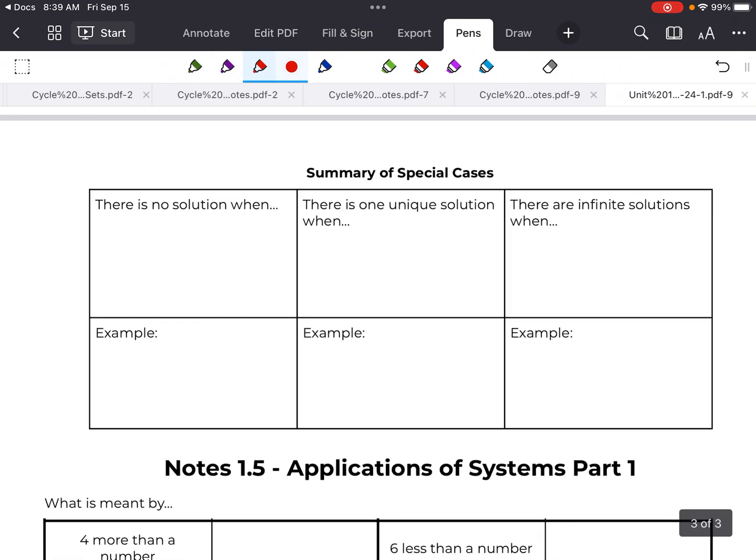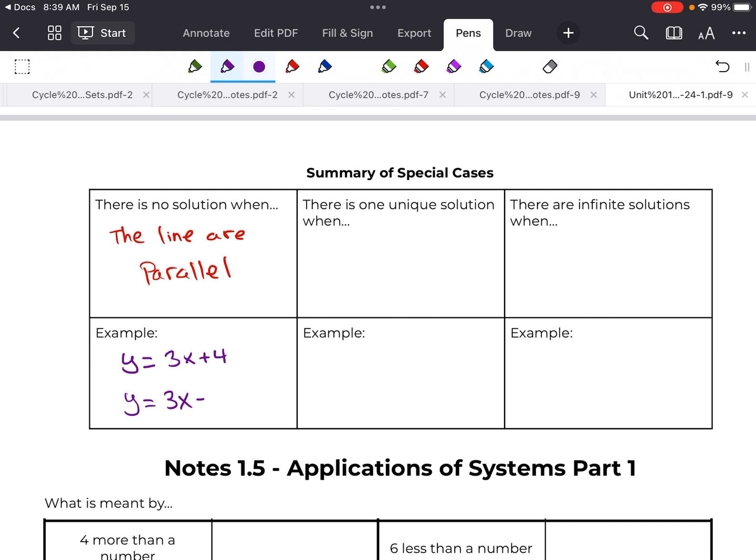Okay, so the summary, there is no solution when the lines are parallel. An example, y equals 3x plus 4 and y equals 3x minus 7. Okay, same slope.